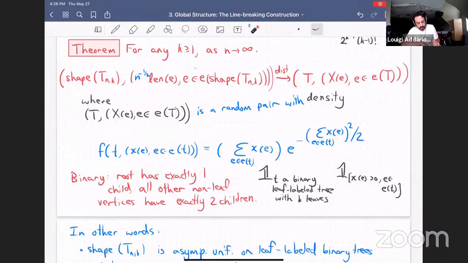But the theorem tells us that we're always going to be looking at trees that have exactly 2k minus 1 edges. The leaf labels mean we can just fix some particular rule for ordering those edges as first edge, second edge, and so on. So we can always think about this as an ordered vector of length 2k minus 1, and then use that ordered vector to weight the edges of the tree according to our rule for how the edges are ordered.